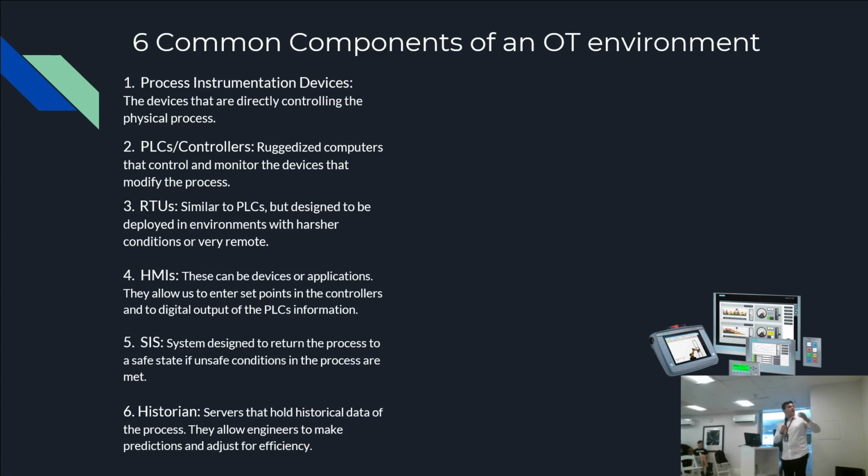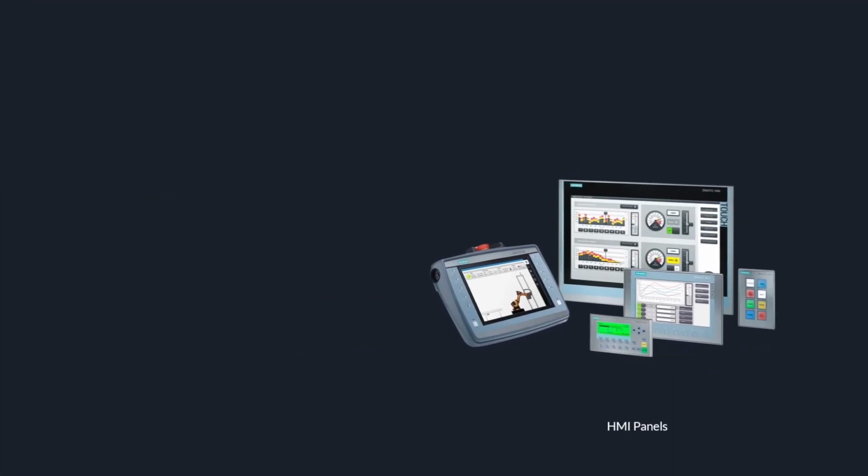This is where the human-machine interfaces come in. These devices allow us to visualize the data from the controllers, and they give us a visual aspect of the process itself. They can come in different flavors: they can be operation panels, as you see here, or they can be deployed as applications that we access from endpoint devices.